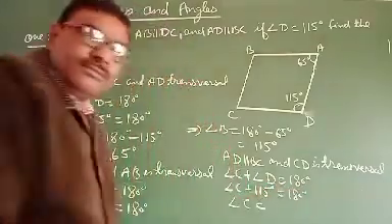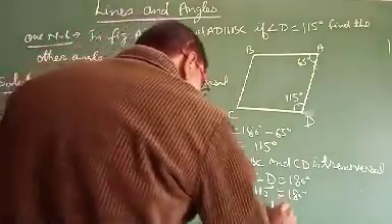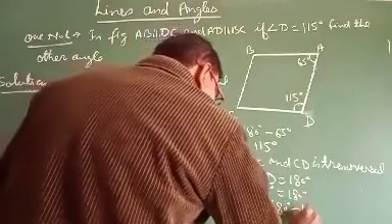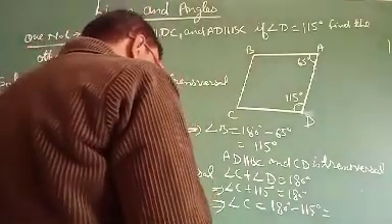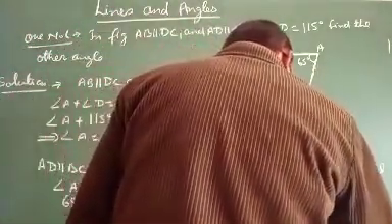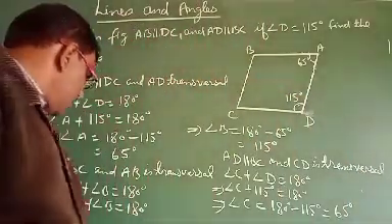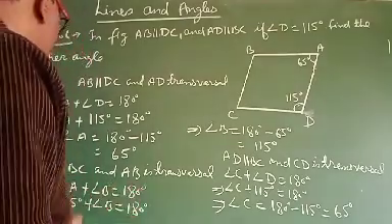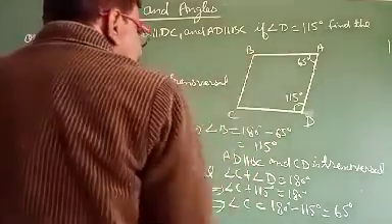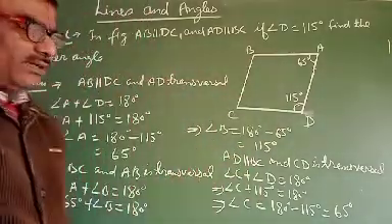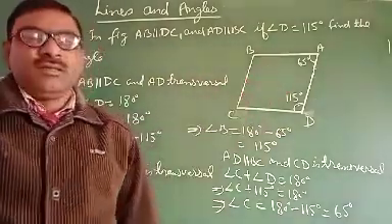Therefore, angle C equals 180 degrees minus 150 degrees. Therefore, the value of A is 30 degrees, the value of B is 150 degrees, and the value of C is 30 degrees. This is the measurement of angle A, angle B, and angle C.